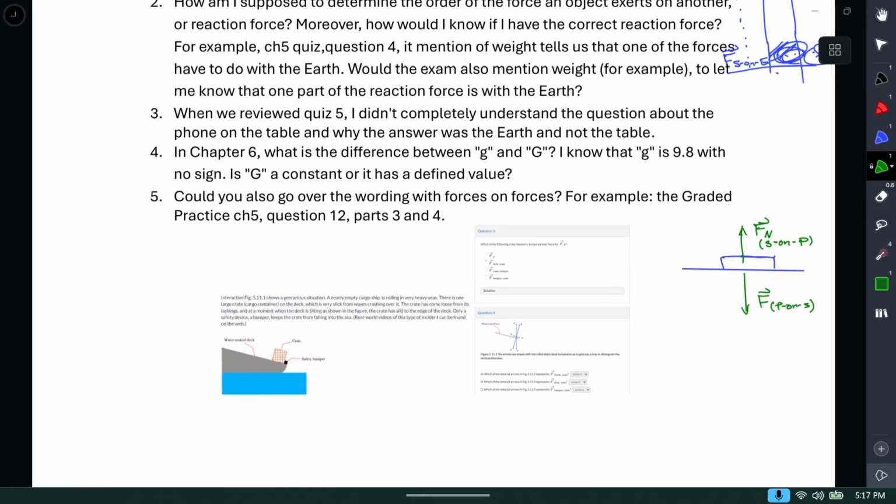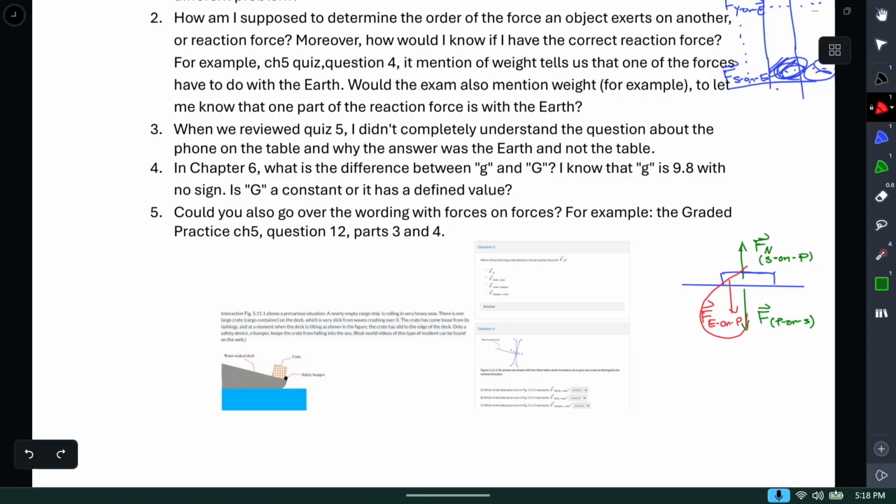To say a little bit more about that for the phone, there is another force acting on it. We just talked about what the table does to it, but Earth is also pulling down on it. This is the force of the Earth on the phone. The third law does not care about these two, even though it feels like they should be a pair. Third law has nothing to say about that because these are both forces on one thing, on the phone.